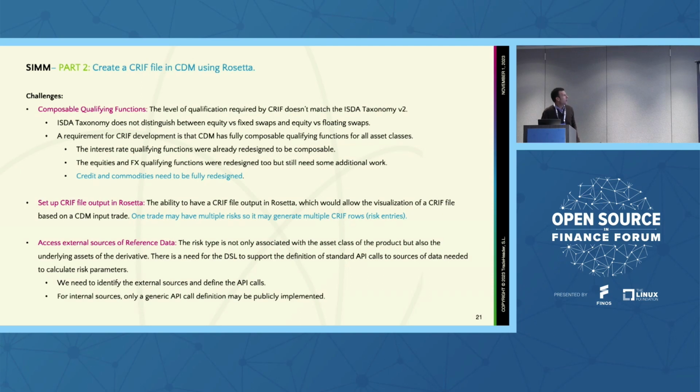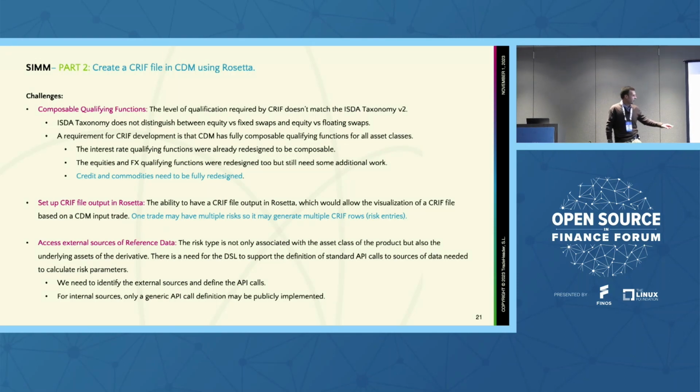So some of the challenges I was mentioning before: the use of the qualification functions. We have been doing a lot of work on the CDM for this. We still need some additional work, mostly on credit and commodities. We'll be able to show you the full report in Rosetta in the future. Right now, we are developing the whole set of functions, but the idea would be to use a set of blotters at the end so that we can show you everything.